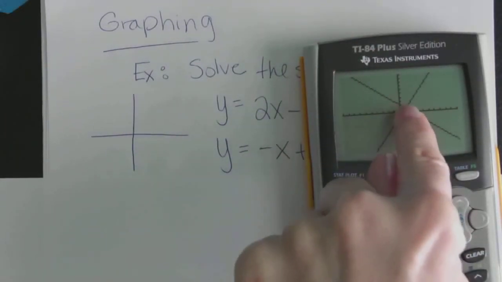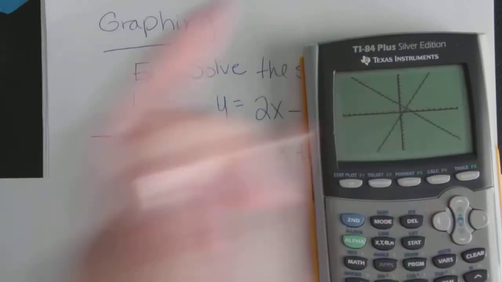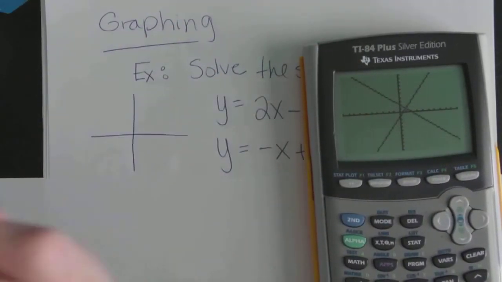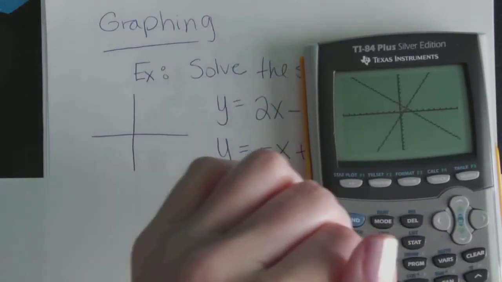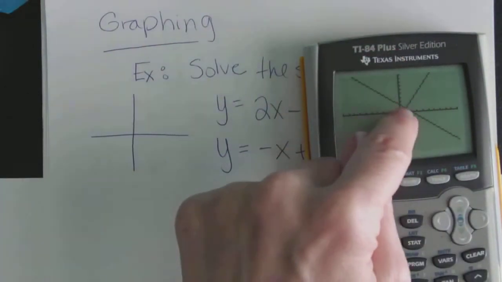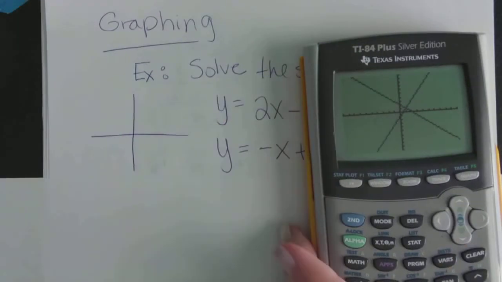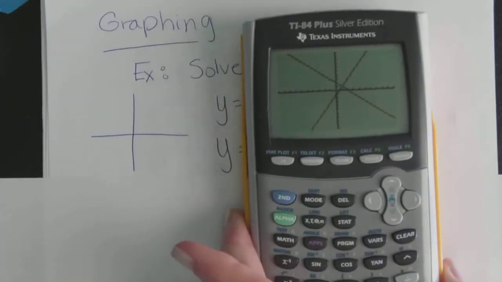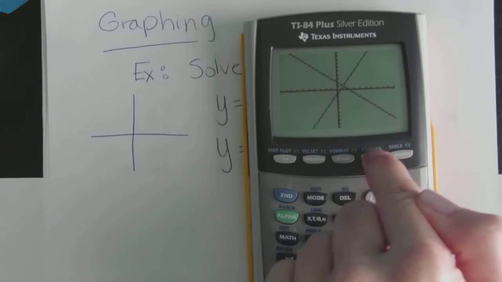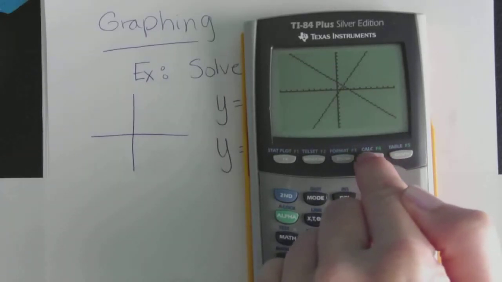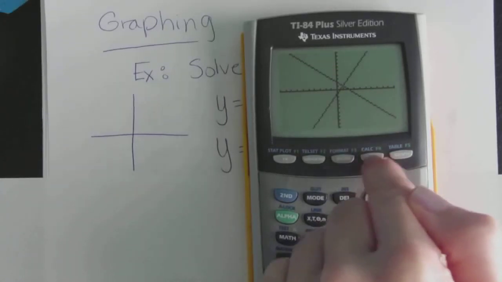And then once you had your graphs down, you always named for me the point where they intersected. So how do you get that point of intersection on the calculator? Well, number one, I don't want you to eyeball it. Don't try eyeballing it. There's actually a set of keys that you press that will get you that point exactly. So here they are. You ready? You're going to press, well, let me say this.